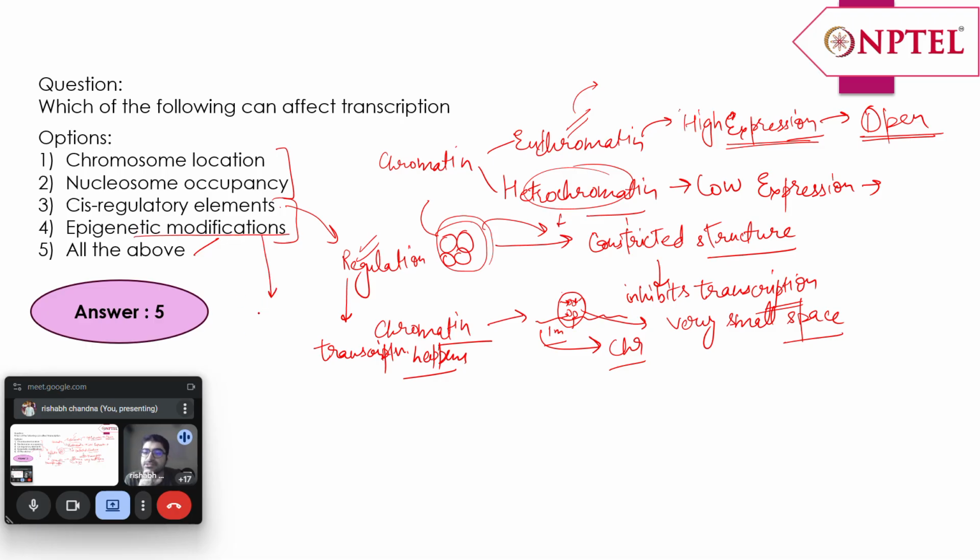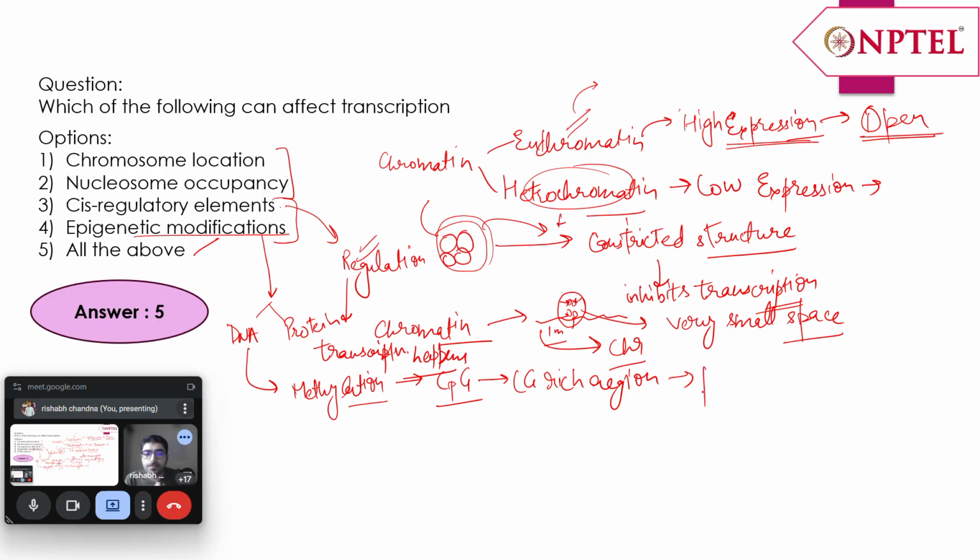there are two kinds of epigenetic modifications that happen in the DNA or in the protein. In the DNA, there is methylation that happens at the CpG islands. CpG islands are basically CG-rich regions present in the promoter.